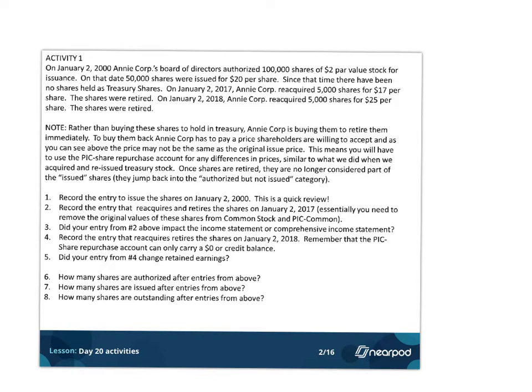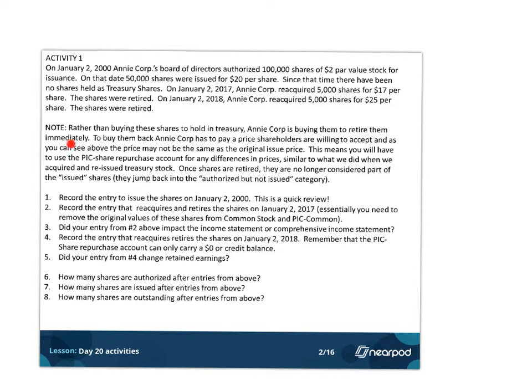But here's the idea. We're going to look at retiring shares, and what happens is we're going to buy back shares on the open market, but rather than putting them in treasury, we're going to buy them ultimately to retire them immediately.